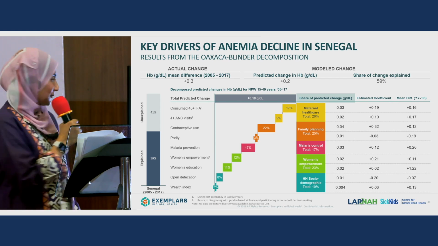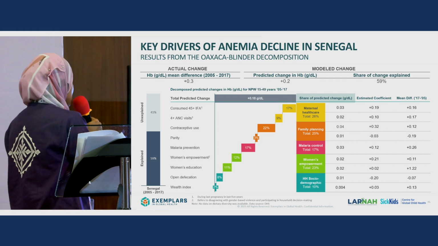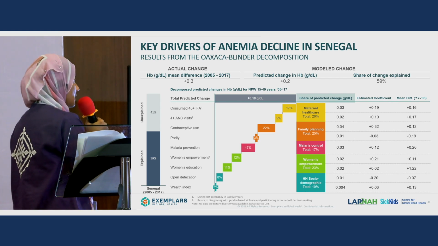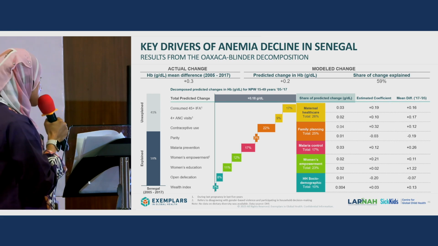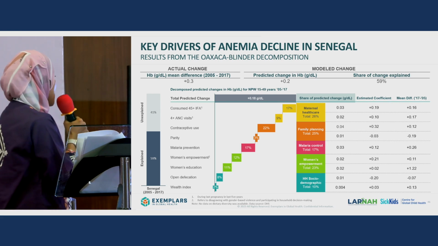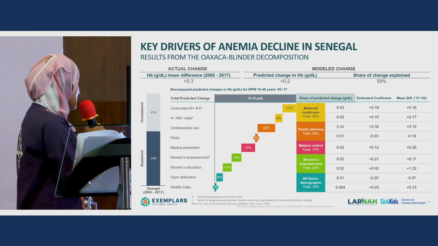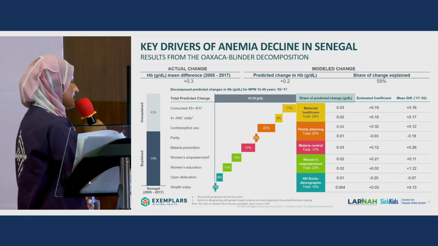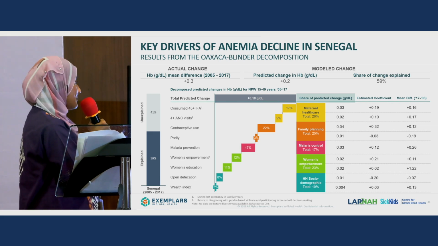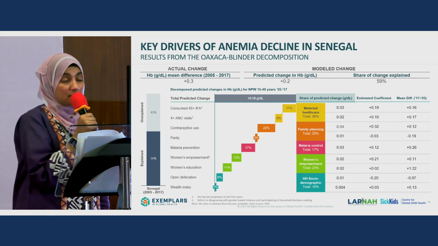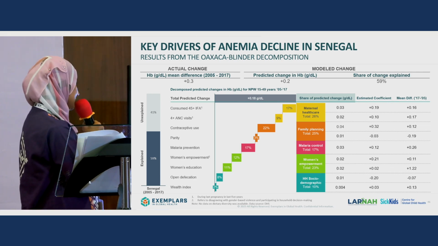Next slide. Thank you. So the key drivers of anemia decline in Senegal were improvements in coverage of maternal healthcare access, specifically consumption of IFA during last pregnancy, as well as receiving 4 or more antenatal care visits, which altogether explained about 26% of the change our model was able to explain.